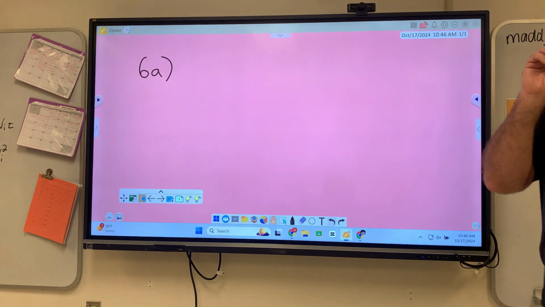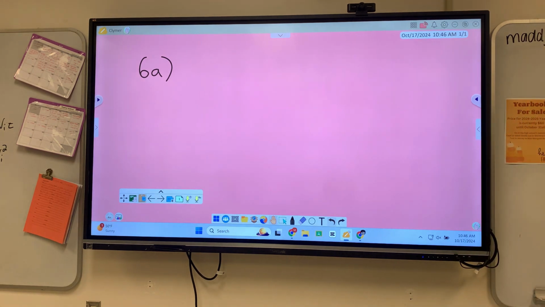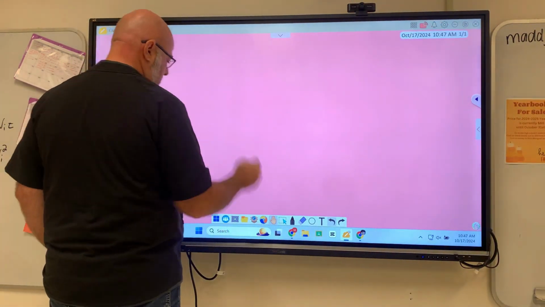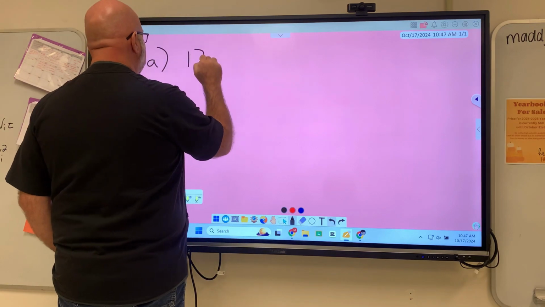Okay, so the premise of 6A was to rotate the block at a speed that it does not fly off. Rotate the block at some velocity, at some number of revolutions, where the block stayed put, kind of like I was doing a moment ago. So somebody give me your data for 6A. 17.97.